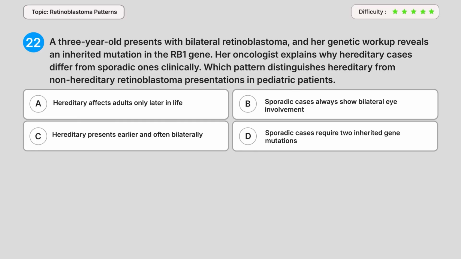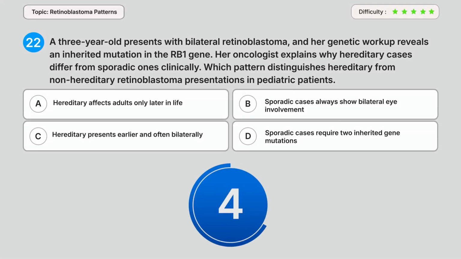A. Hereditary affects adults only later in life. B. Sporadic cases always show bilateral eye involvement. C. Hereditary presents earlier and often bilaterally. D. Sporadic cases require two inherited gene mutations. Can you guess the answer?